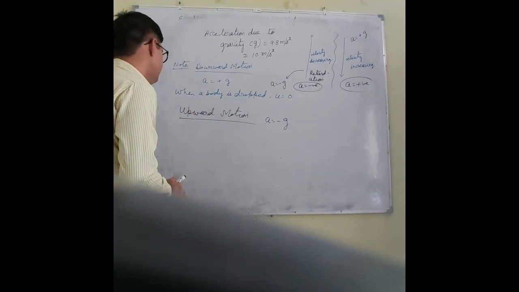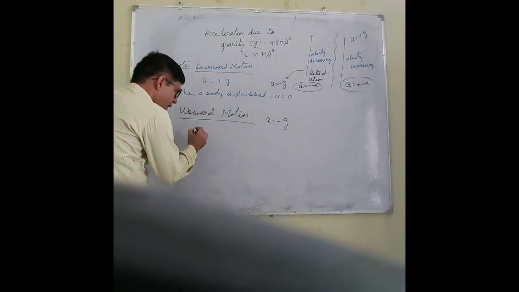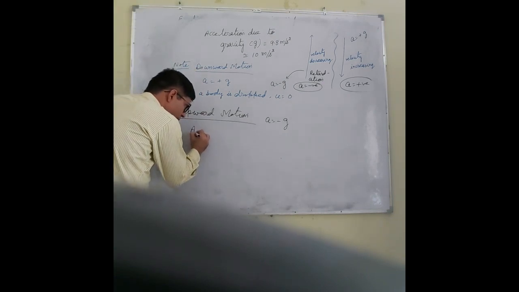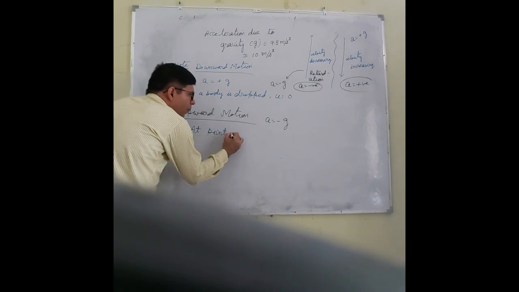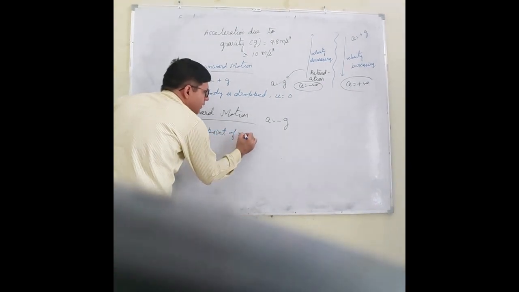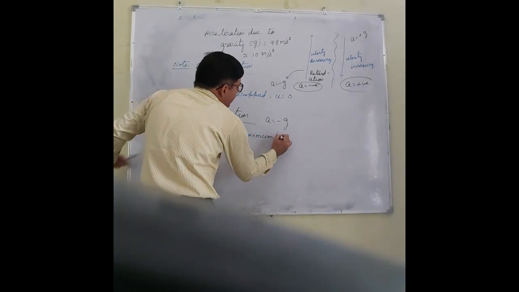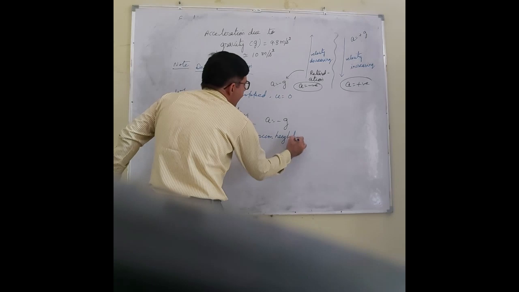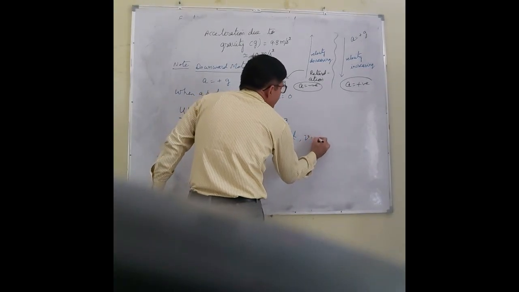So in upward motion, acceleration is minus g, and remember this point, at the point of maximum height, final velocity is 0.